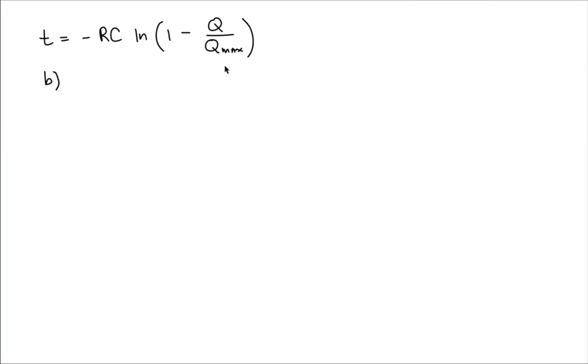Now let's find how long it'll take for the charge on our capacitor plates to reach 99.9% of its maximum capacity. So we could say that Q is equal to 0.999 of Q max.